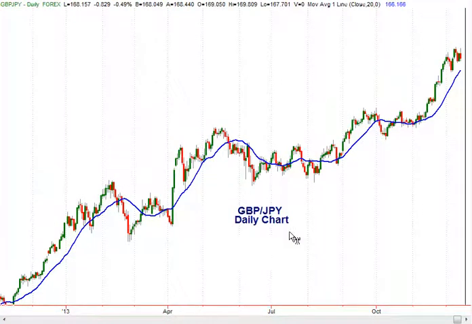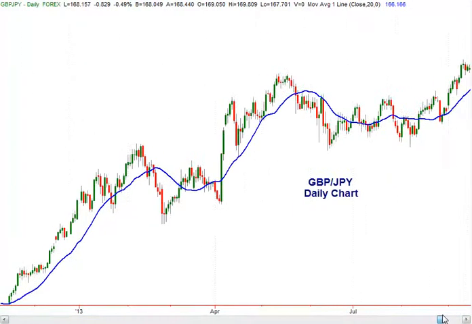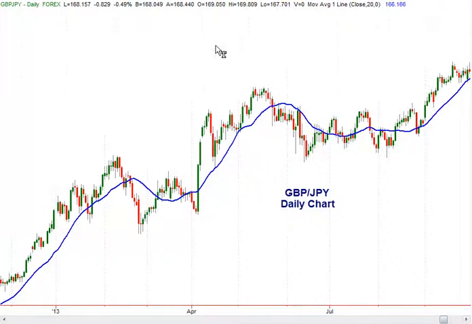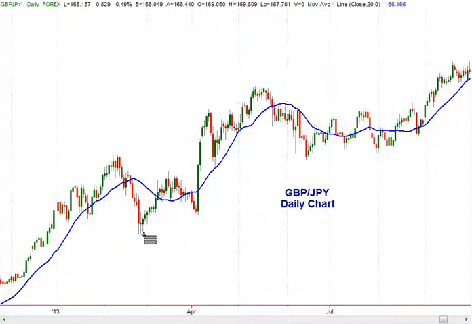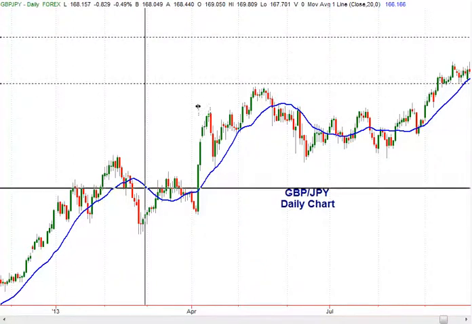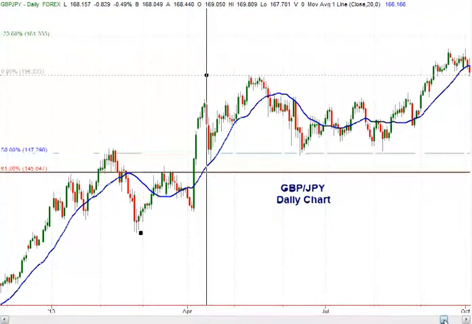Then the pound versus Japanese yen, the last market I'm going to review, and very similar. All these markets related to the Japanese yen have a similar setup, and the Japanese yen has been very weak, and the chart shows that very clearly.